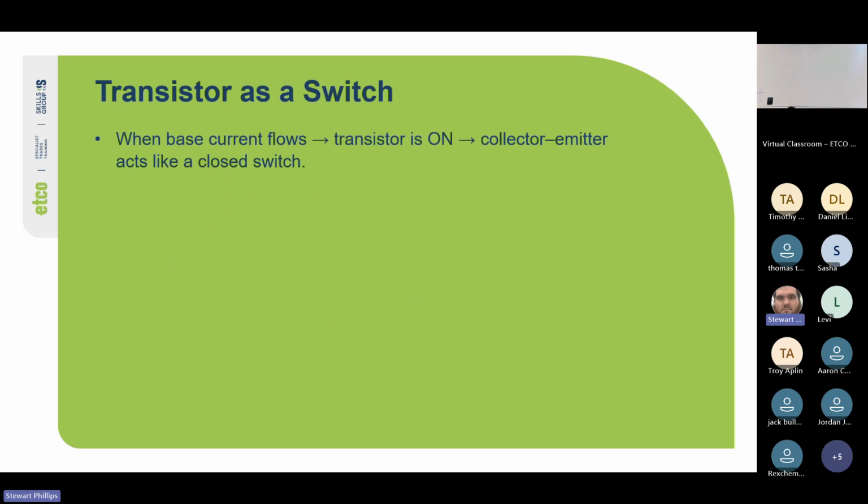When the base current flows, the transistor is on, so the collector-emitter acts like a closed switch. When we take away the base current, the transistor is off, so the collector-emitter path opens. That is a very basic way to look at it: the base is the switch between the collector and the emitter.